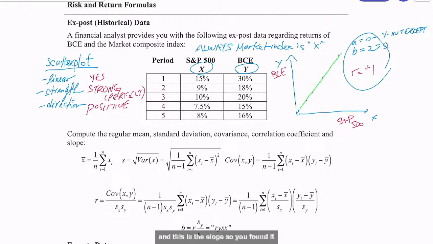And this is the slope. So you found it all. The slope is the sensitivity of BCE returns to market returns, or market behavior, market performance.